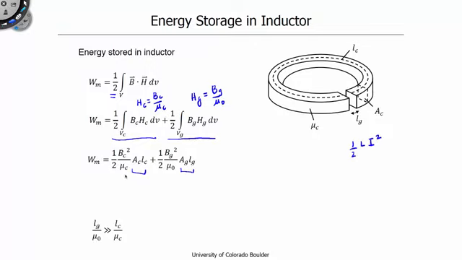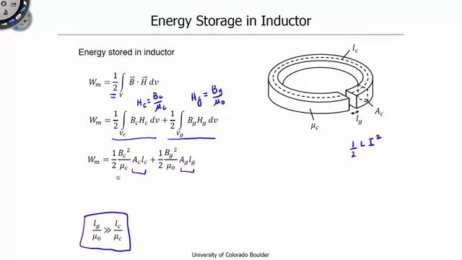Now recall that mu c is much greater than mu naught, and if Lc and Lg are roughly of the same order of magnitude, then Lg over mu naught is a much bigger number than Lc over mu c.